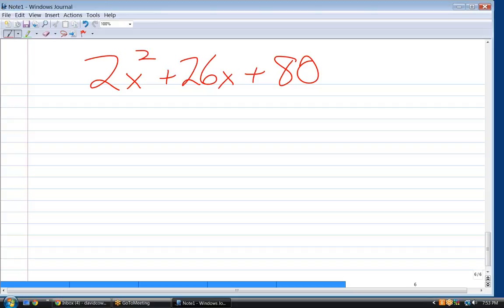Factoring out a 2 is the way to verbalize it. When I say factoring out a 2, what that means is I'm going to go through and divide every term by 2, and what is left, I put in the parentheses.